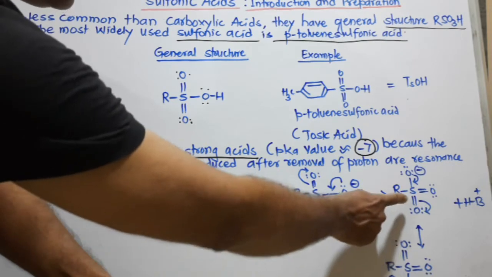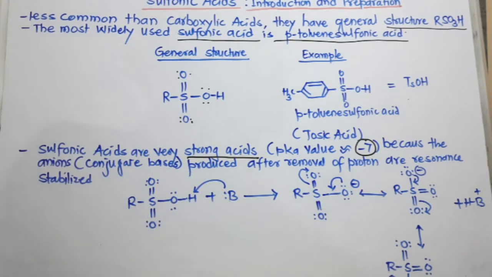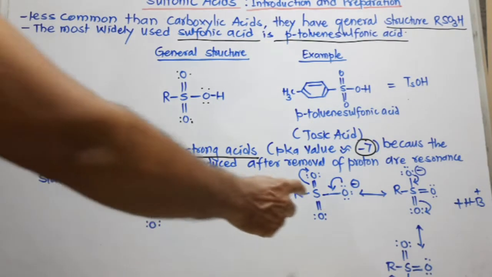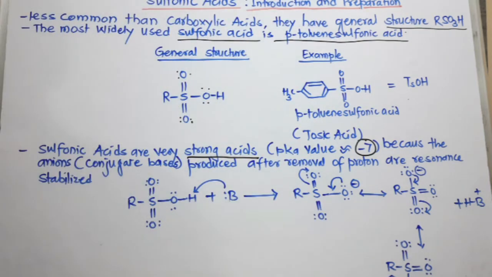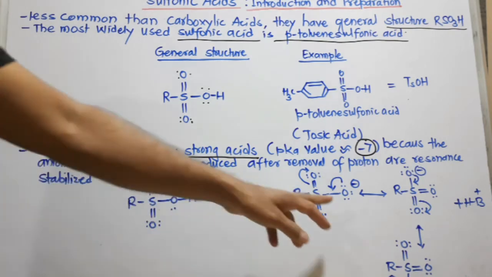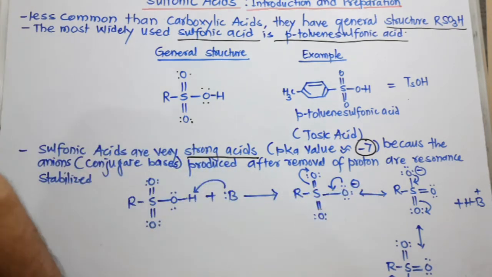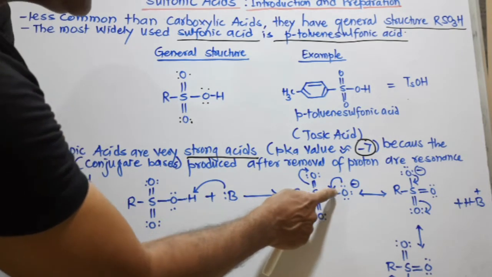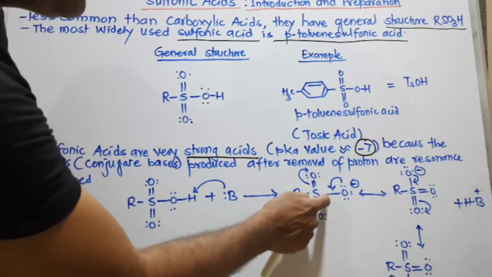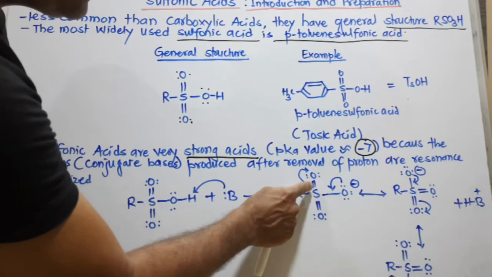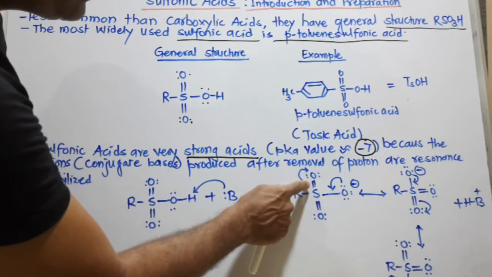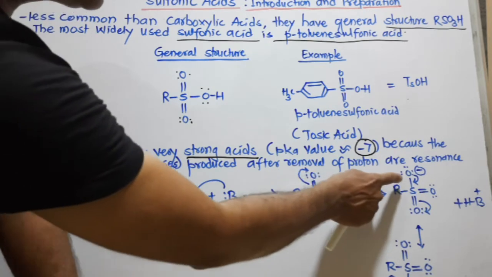You can see here, three resonating structures can be drawn for its anion, but in the case of carboxylic acid, we can draw only two resonating structures. As compared to that, this anion is more stable. This pair comes here, so the double bond will generate here, and one pair of this pi bond will move onto the oxygen in the next structure.